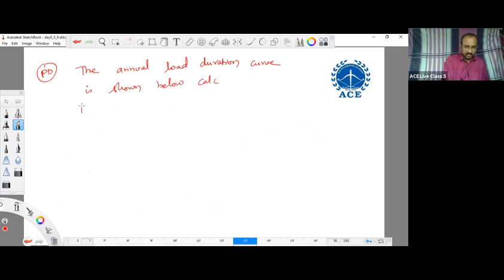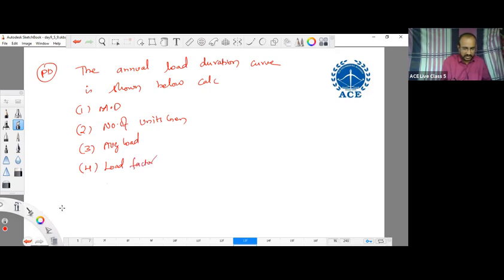Calculate, first, the maximum demand. Second, the number of units generated. Third, the average load. Fourth, the load factor.